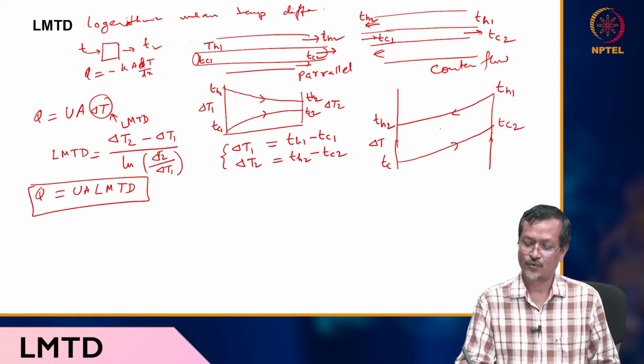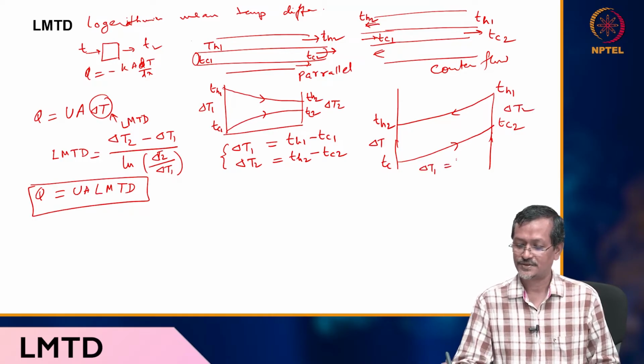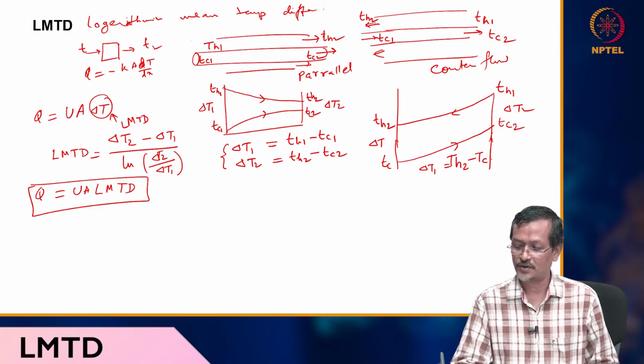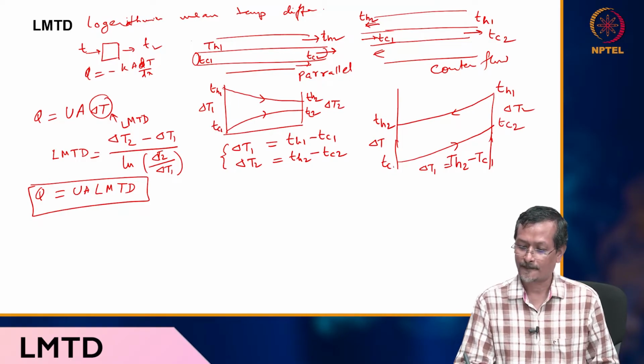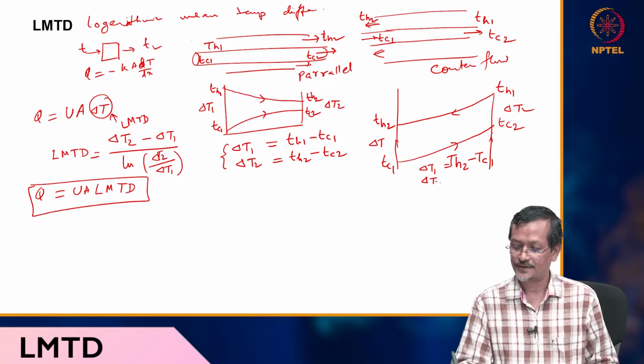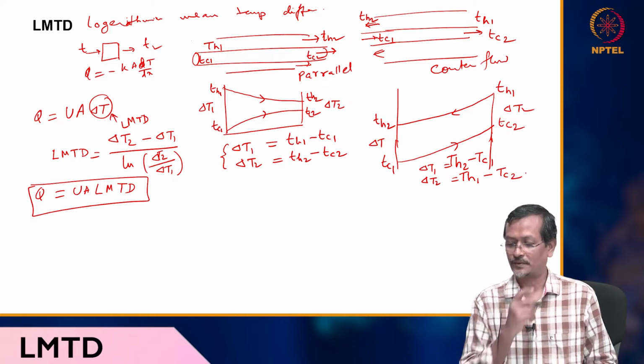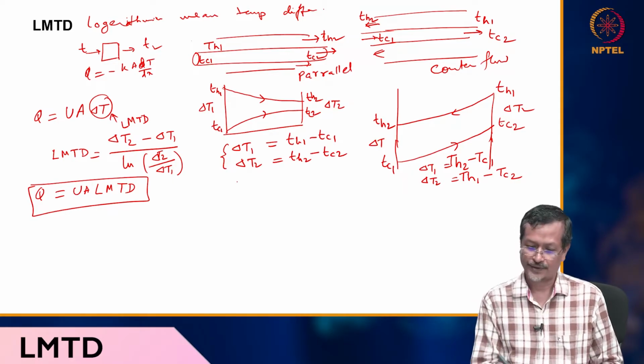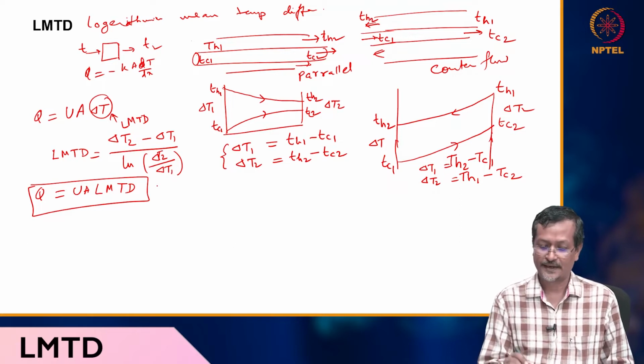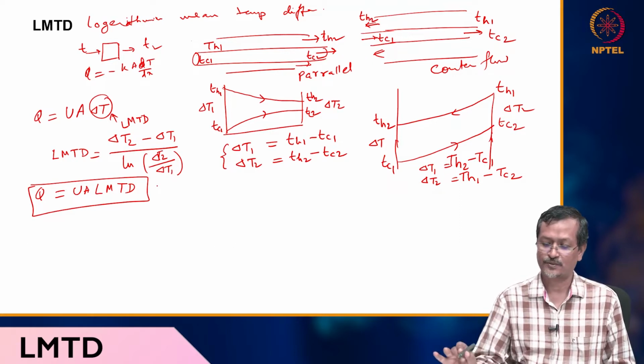And del T1, del T2. In this case, del T1 equals T hot 2 minus T cold 1, and del T2 equals T hot 1 minus T cold 2. But my LMTD formula does not change. LMTD will be as it is.